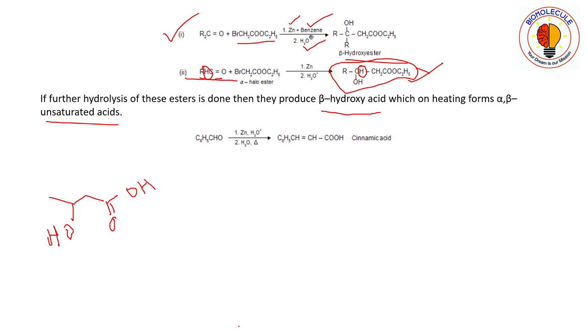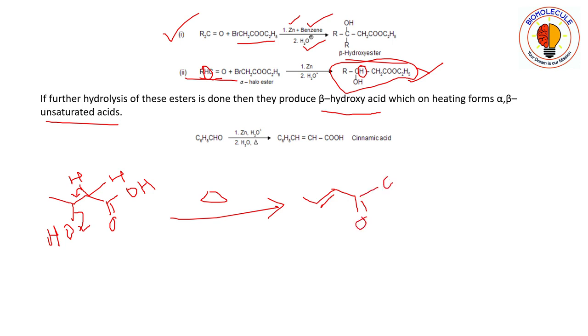Now this has become beta hydroxy acid. If we heat this compound, over here this has hydrogen, so this hydrogen and this OH group leave to give you alpha beta unsaturated acids.